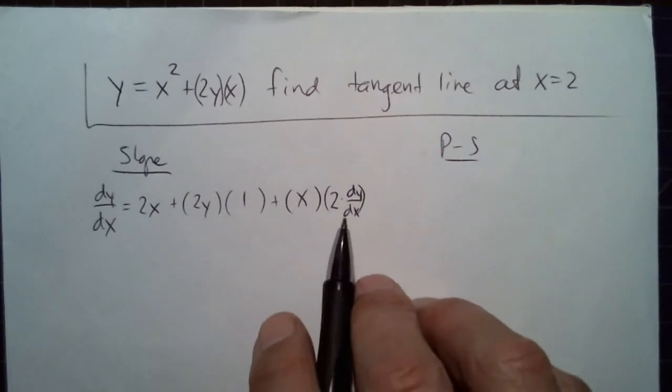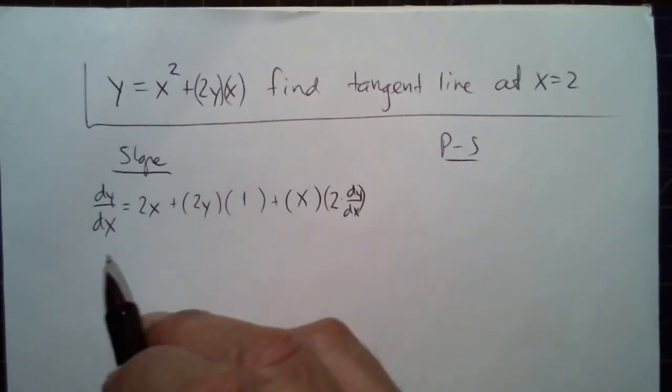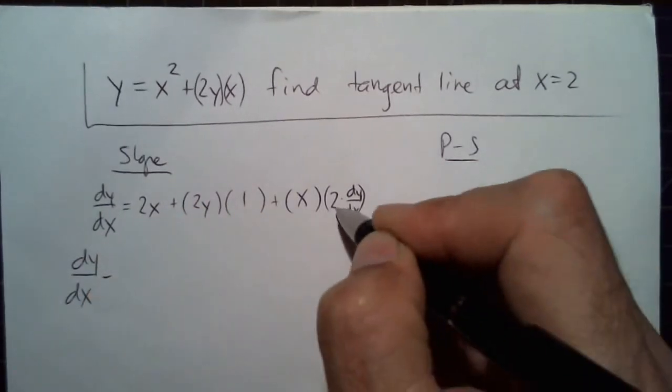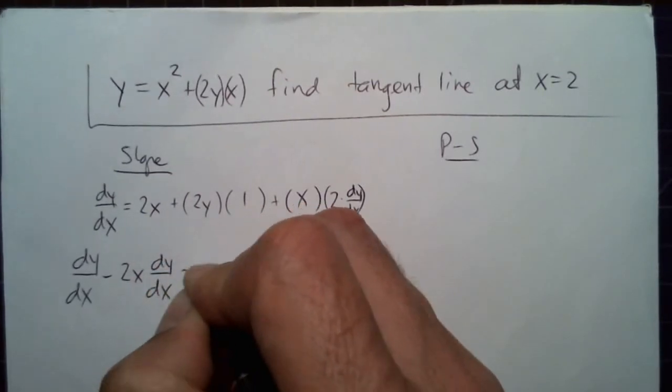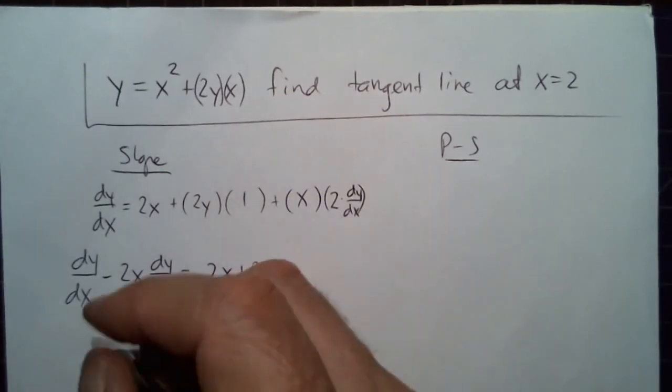And let's isolate dy dx. So that's going to be all of this moving to the left. 2x dy dx. And then here we have 2x plus 2y.